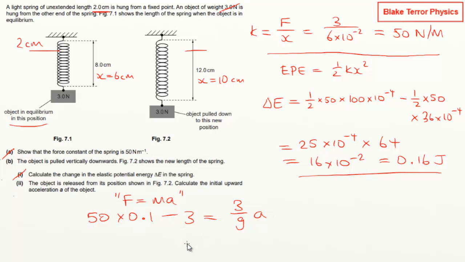So we got 5 minus 3, so that's 2, so the acceleration is going to be 2g over 3, which is going to be just short of 2/3 of 10. So 2 times 9.81 divided by 3, 6.54. So let's say 6.5 meters per second squared, just keeping it to two significant figures.